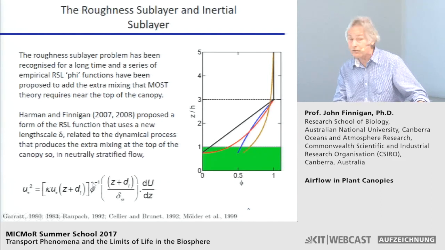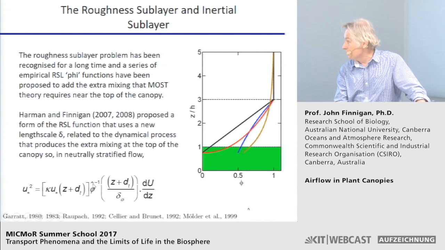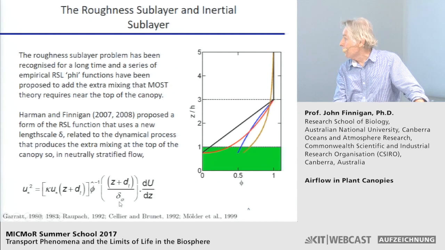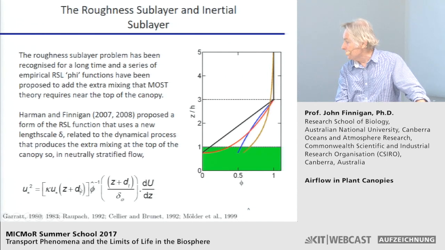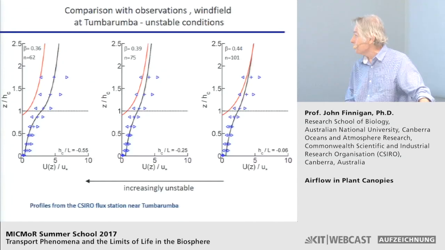We usually put a little hat on it to distinguish it from the conventional Monin-Obukhov phis. And so if that phi function is less than 1, then the eddy diffusivity is increased to a higher value than Monin-Obukhov theory would predict.